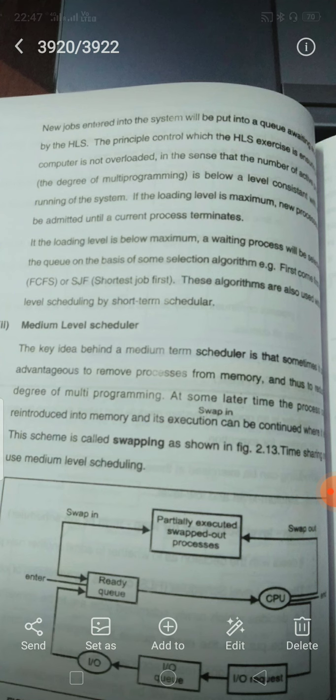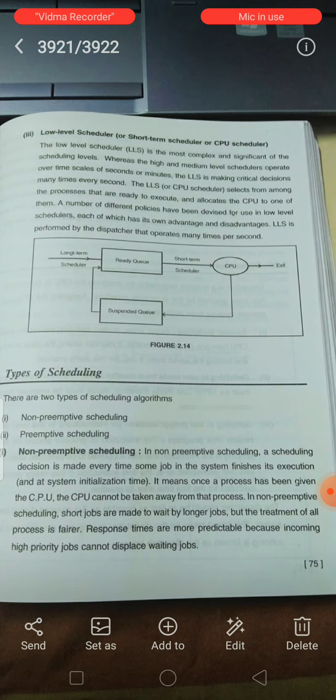Third one is low level scheduler. The low level scheduler is the most complex and the most significant of the scheduling levels, whereas the high and medium level schedulers operate over time scales of seconds or minutes. The low level scheduler is making critical decisions many times every second.